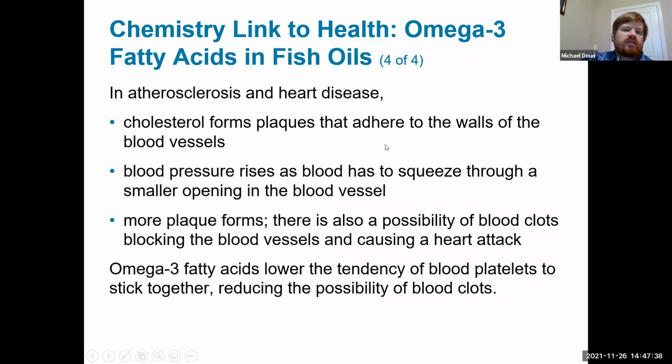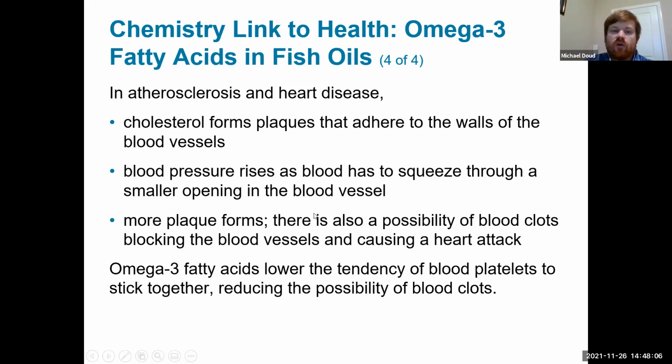So now, why is it that these are important? Well, cholesterol can form plaques that adhere to the walls of blood vessels. And we're going to see pictures of what this looks like in the future because cholesterol is a steroid. Now, when it narrows the blood vessels, that means that blood pressure has to be increased to move blood faster through that blood vessel.